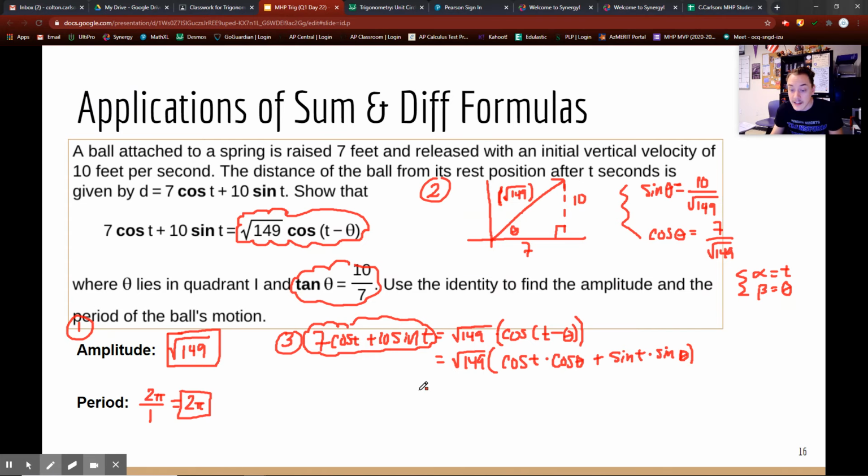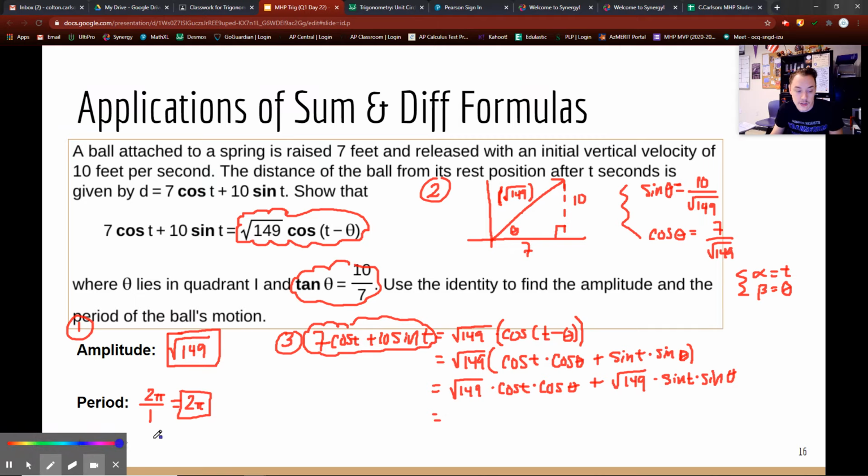And then obviously I can distribute that radical 149 through, right? So radical 149 times cosine of t times cosine of theta, plus radical 149 times sine of t times sine of theta. Now watch this. I'm going to do this in blue. This is going to be radical 149 times cosine of t times cosine of theta.